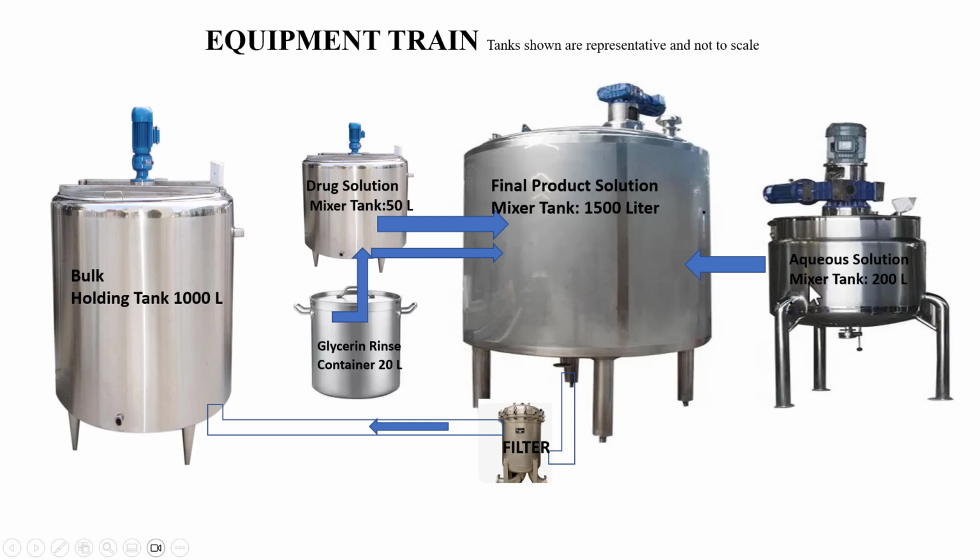The aqueous solution is made separately and transferred. Once the solution is finally mixed, it's passed through a filter and into a storage tank. This type of equipment train should be done as early as the development stage, during technology transfer and commercialization.